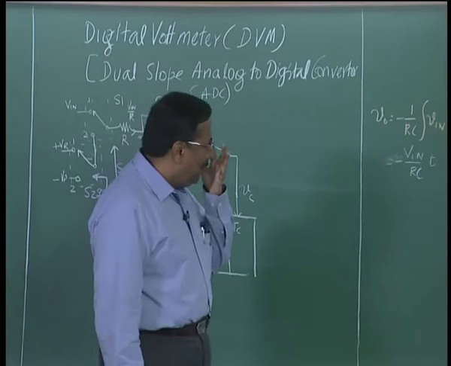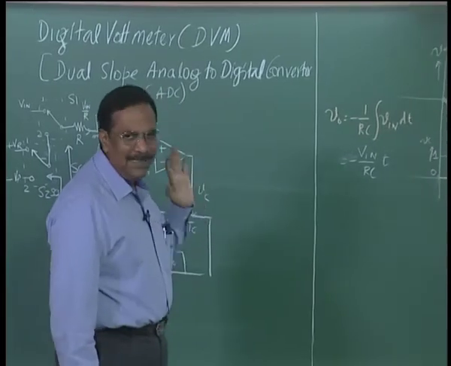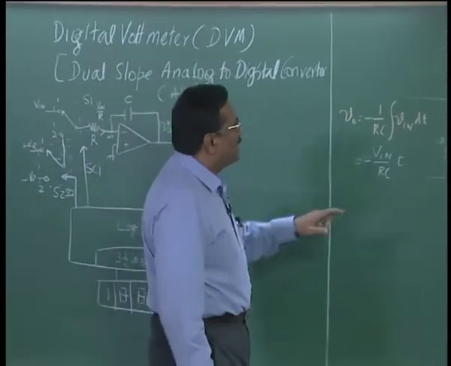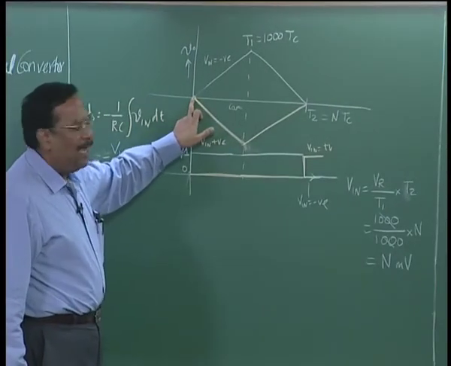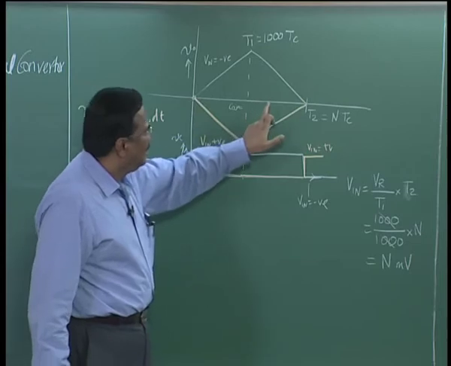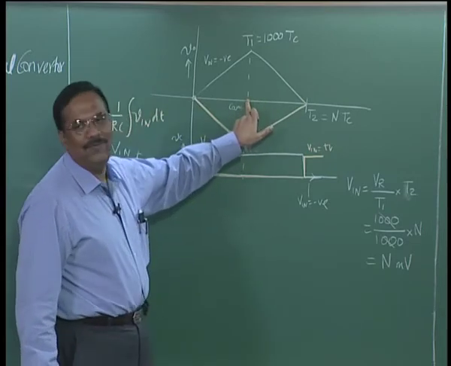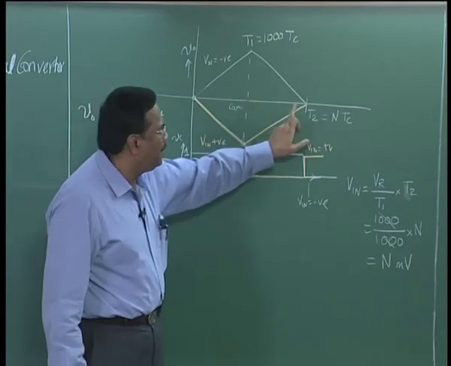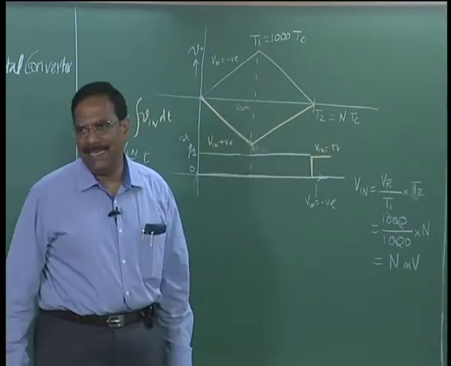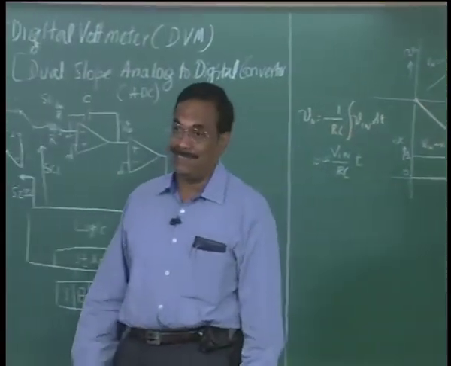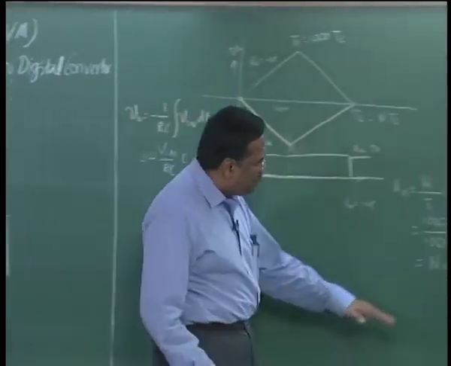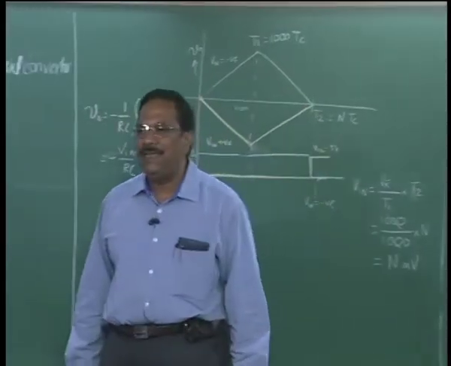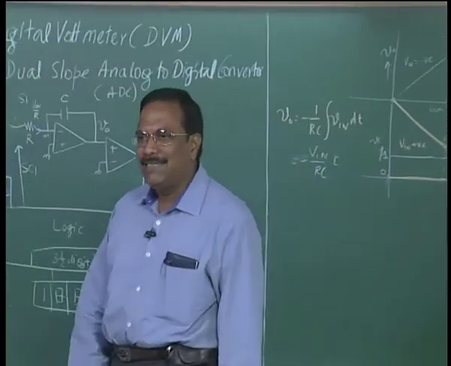The second thing is, when I start my conversion I need a time period of T1 to do the first integration, a time period of T2 to do the second integration. So my final value n will be displayed only after the period T1 plus T2.